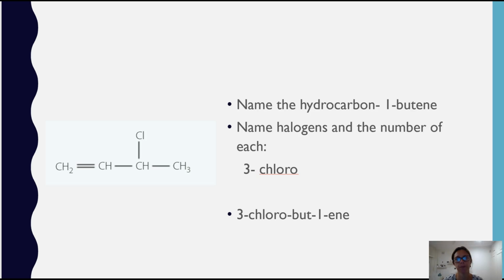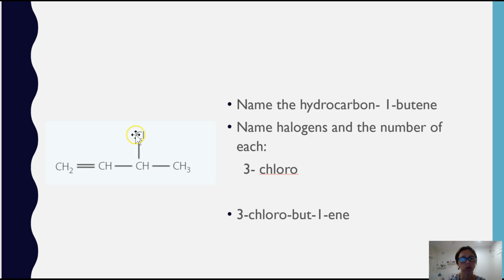So have a look at the next one. Here, again, we're going to name our main chain first, and you'll notice here I've actually put one form of butene in the question and one down in the answer, which again just shows old school, new school. Name the hydrocarbon. I would stick with but-1-ene. So we've got butene there and it's attached to the 1 carbon, so but-1-ene.